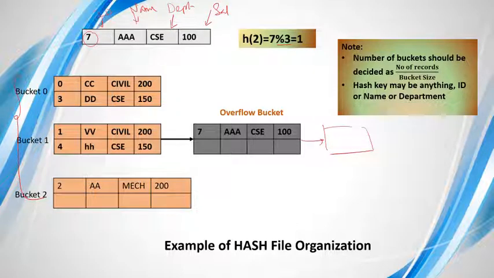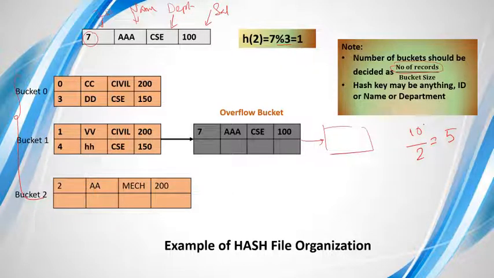Now the question is how to get the number of buckets. We have to select the number of records in the file and decide what the bucket size should be. In this particular case the bucket size is 2. So if the number of records is 10 and the bucket size is 2, we will need 5 buckets.